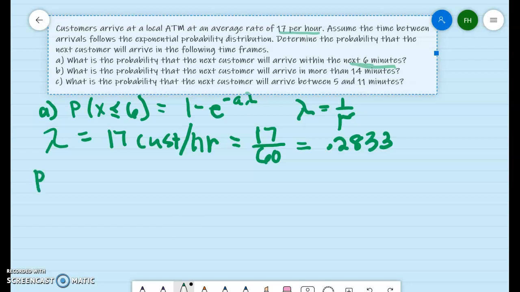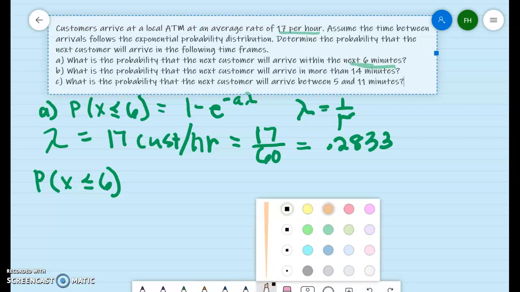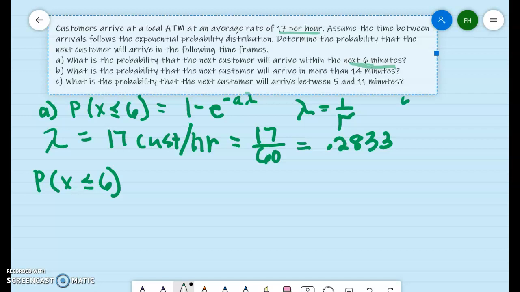So we want to know the probability that X is less than or equal to 6, and before we put this in, we're going to figure out that 1 over the mean, which we've changed, is 0.2833. So our number that we're going to plug in for our mean is 3.5298.